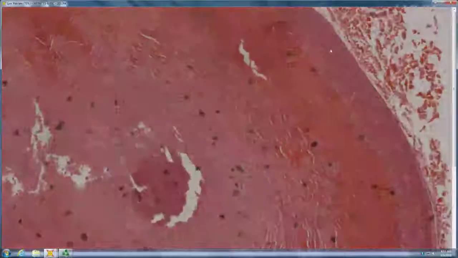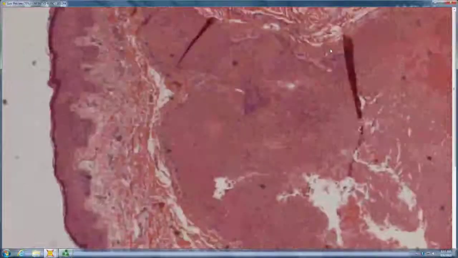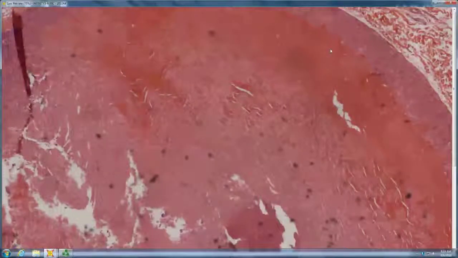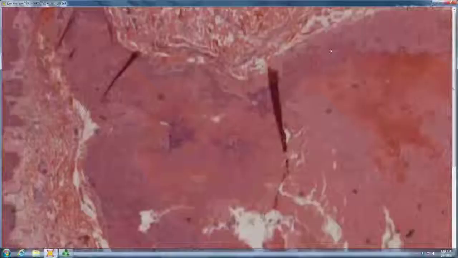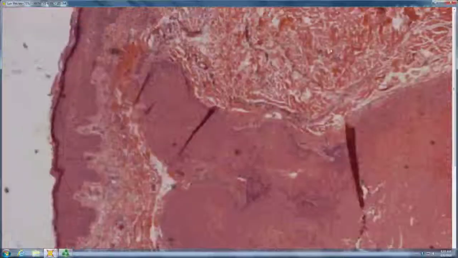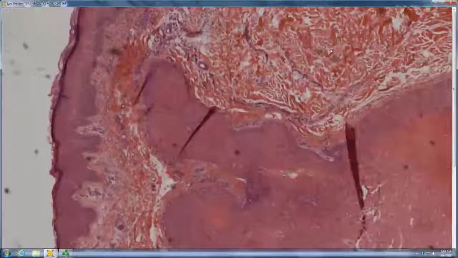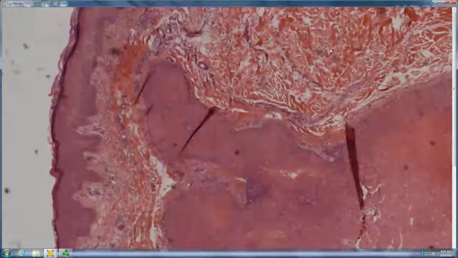Like a pilar cyst. And so why is it called a pilar cyst? Because it mimics pilar keratinization, trichilemmal keratinization within pilar. In many of them, it's a follicle-like structure when it starts and then opens into a cyst.